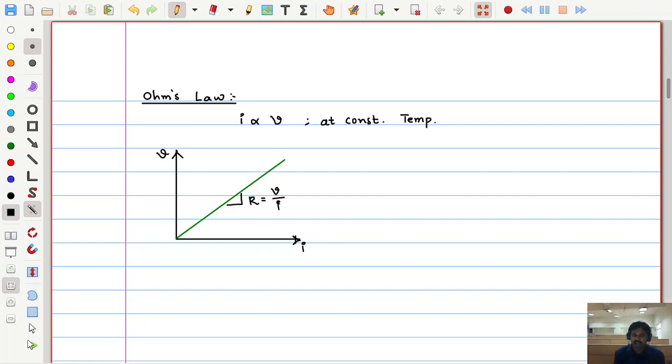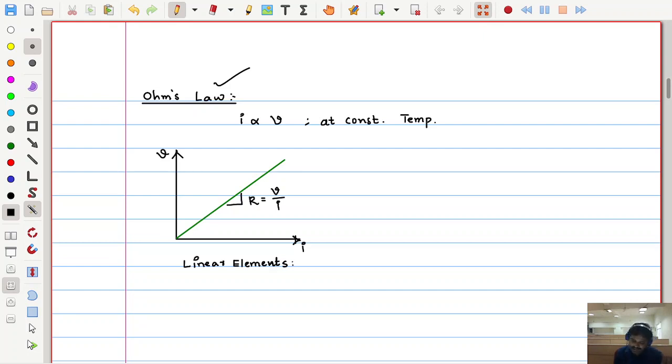The elements which obey this I proportional to V relationship, that is Ohm's law, we call linear elements.